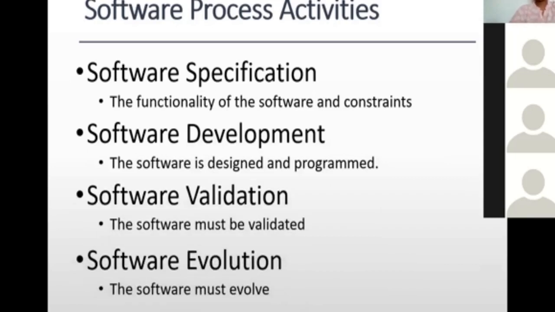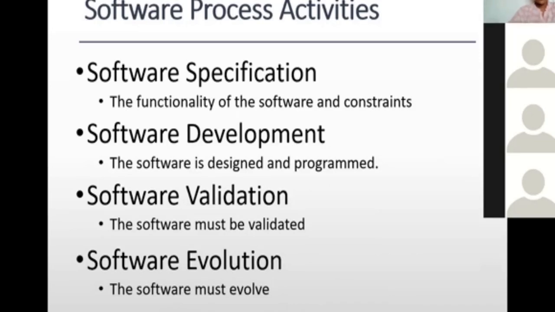In the software process, first of all, we have to gather the requirements and analyze them, and then identify the functions of the software and the constraints or the difficulties of the software. So that is software specification.